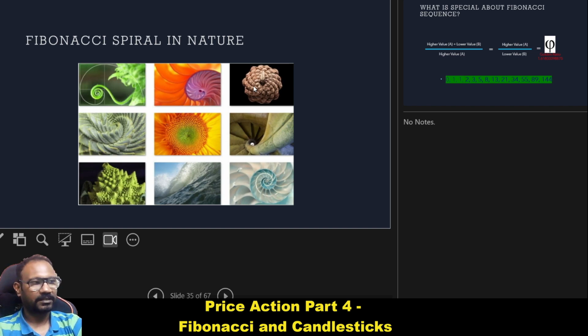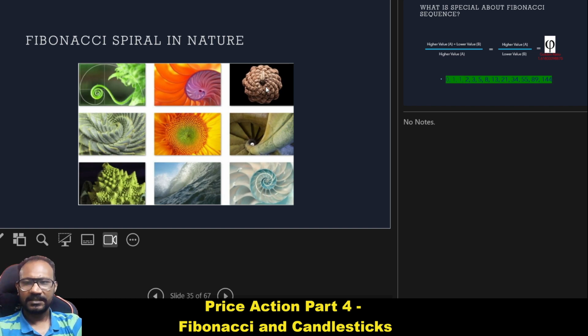If you just take the first box, and then you go on to add the second one, and then you make two by two box, then you have 3 by 3 box, then 5 by 5 box, and then you have 8 by 8 box. So likewise, it keeps expanding, and this is called Fibonacci spiral.